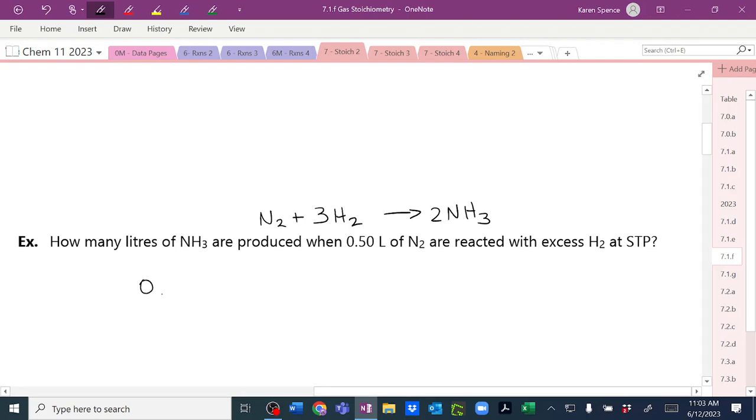We are starting with 0.50 liters of N2. What do we want to finish with? Liters of NH3.